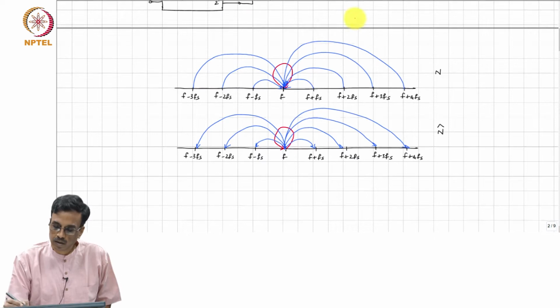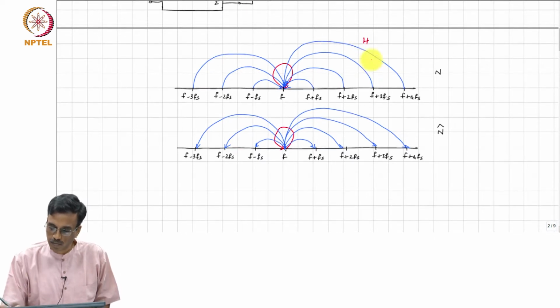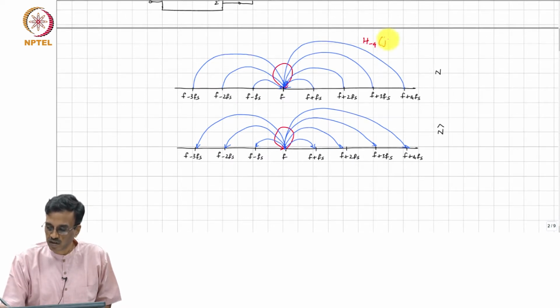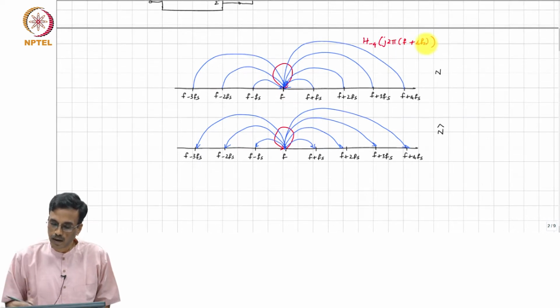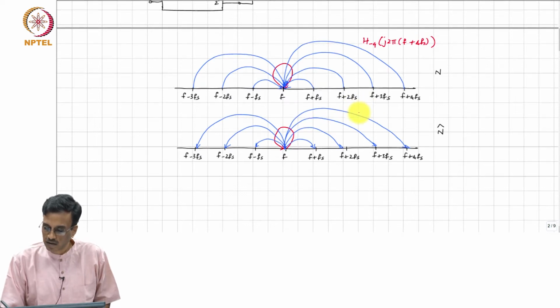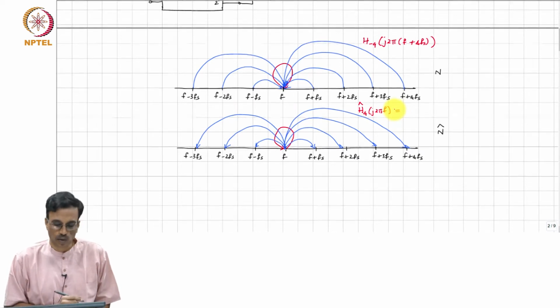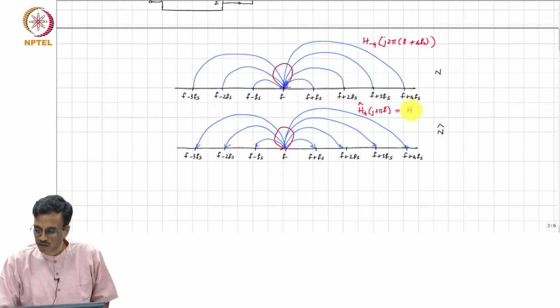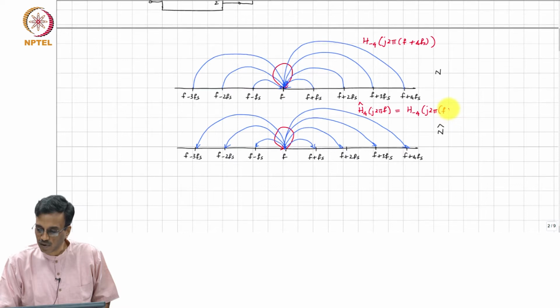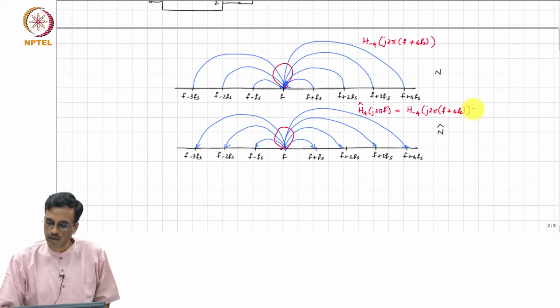In general, this is h minus 4 of j 2 pi (f plus 4 f s), and this is also going to be the same, this actually is h hat 4 of j 2 pi f, and because N hat is the adjoint network, it turns out to be exactly equal to h minus 4 of j 2 pi (f plus 4 f s), all right.